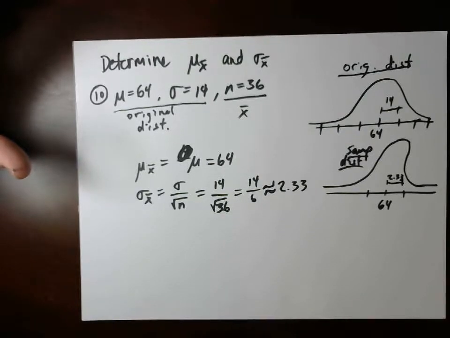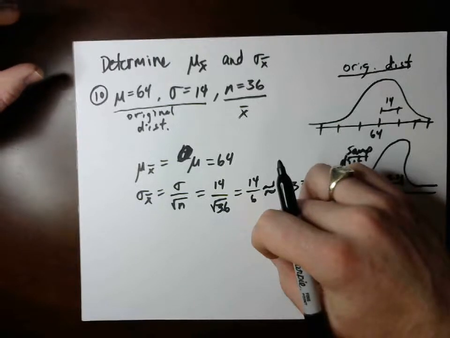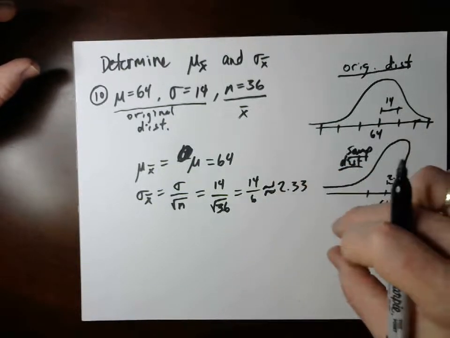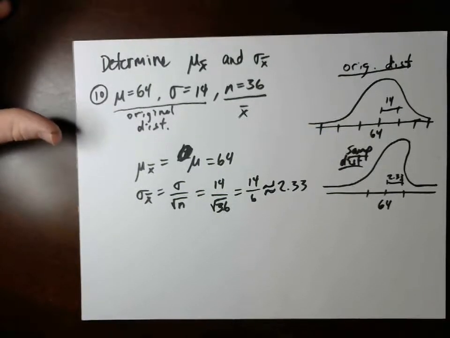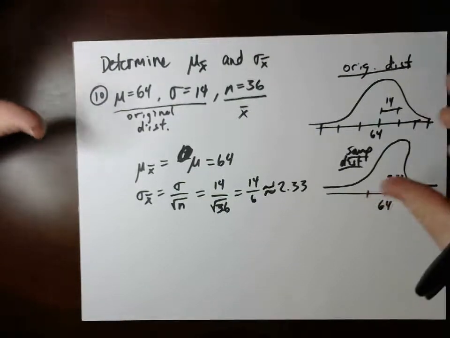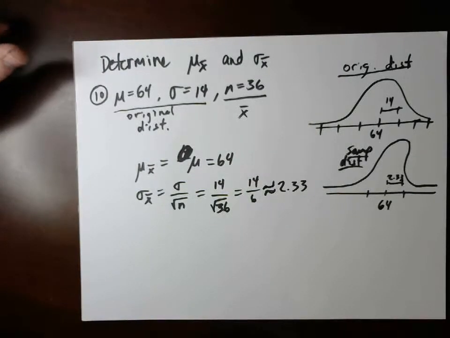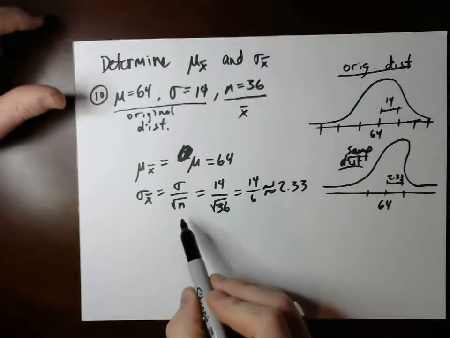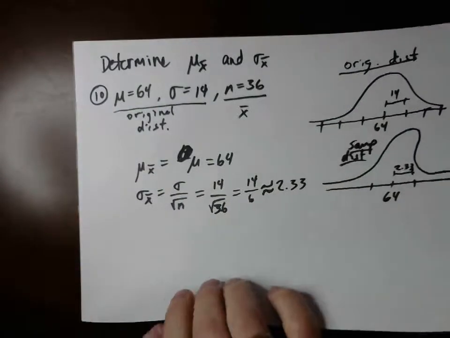If you compare a sampling of n equals 10 to n equals 100, with n equals 100 you're going to be really accurate with your x bars because you're averaging 100 different values. So you'd expect x bar to not vary as much as n increases. That's the basic idea: as n increases, your standard deviation decreases. And you can see that relationship here. Now let's take a look at another example.